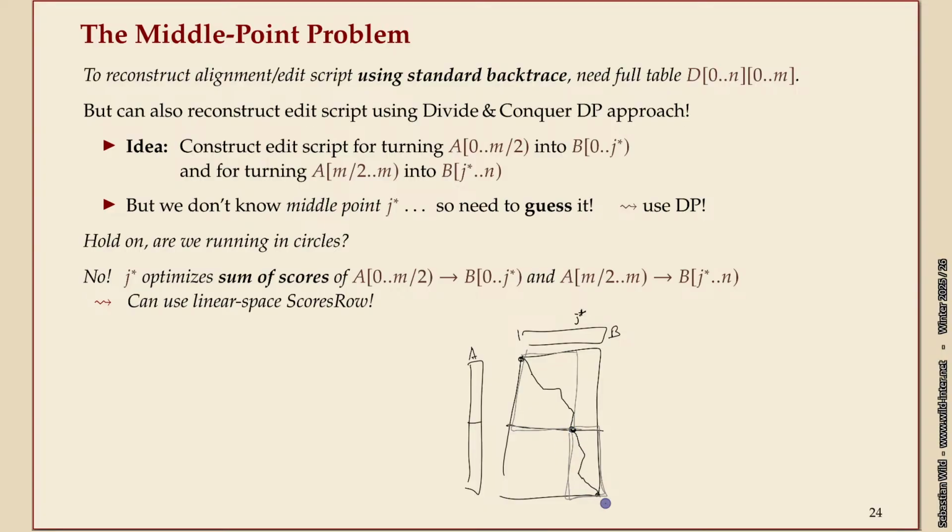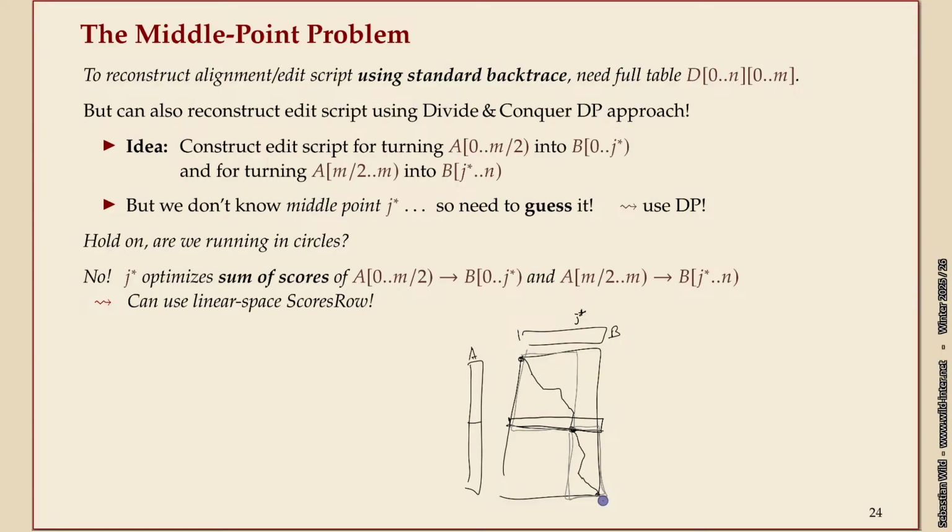And these two are summed up. That's the total edit distance. So I have to find the J star that makes that sum minimal. I can do that if I have the entries from here to here, so the edit distance matrix row in the middle. If I have that row, I get all the optimal edit distances from the start on the best path from top left corner to this point. That's what my score already computed.